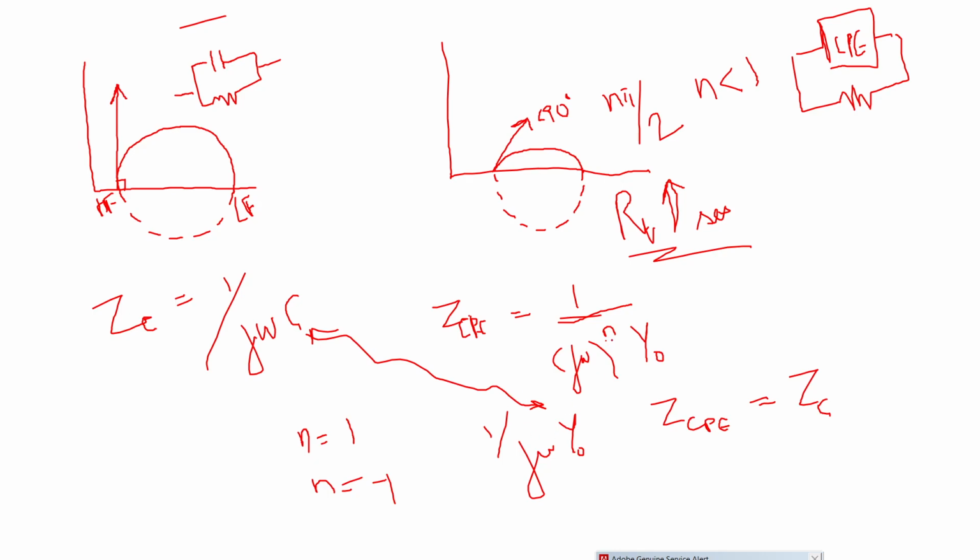What will happen when n value is negative? When n becomes negative, the denominator basically becomes inverse. For n equal to negative 1, it will be 1 by (j omega) raised to minus 1, into Y naught. I'm taking j omega inverse, so it's going up.